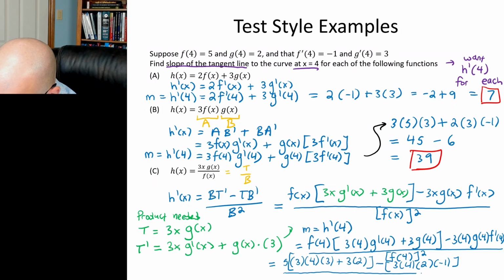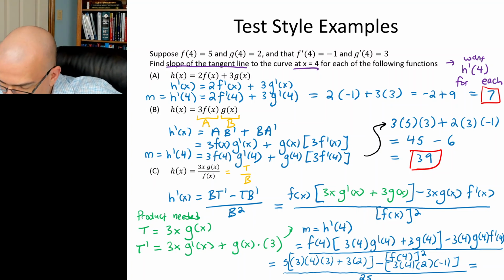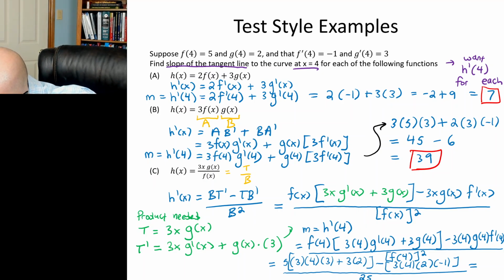All divided by f of 4, which is 5 squared, so 25. Okay, so I have 3 times 4 times 3, 36, plus 6, 42, 42 times 5, 210, 210 plus 24, 234 over 25.